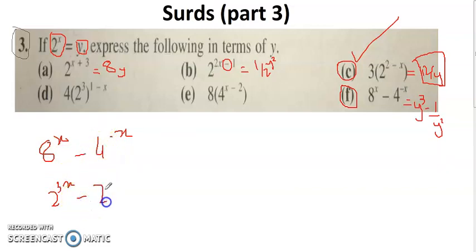So this is 2 to the power 2 and then multiplied by minus x, right? Okay. The next part we're going to do is that, now this was the question, okay? The next part was that we always have to convert 2 to the power x to y, okay? Now there's a minus sign over here which we do not want. So what we will do is we will take the entire thing down. That means we will divide it, okay?